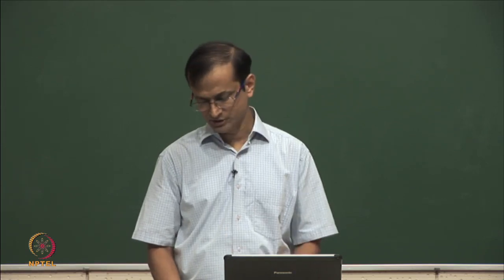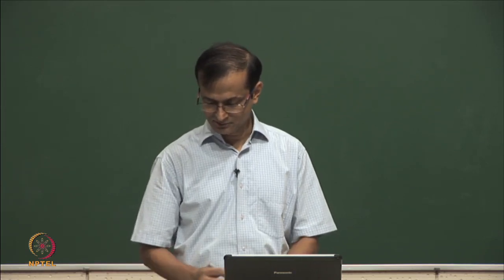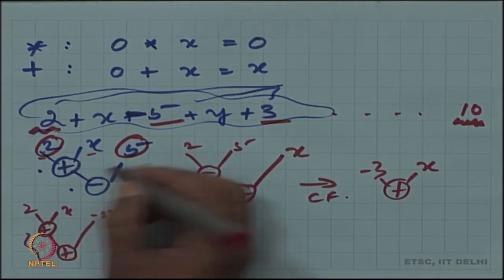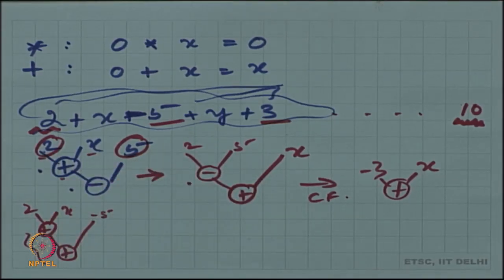Let us say all the nodes are either variable nodes or constant nodes, or these operation nodes, and let us say for simplification they were all the same kind of operator, all of them are additions. Even then there would be a very large number of different graph structures which would be equivalent with respect to the functionality, but they would be different structurally.